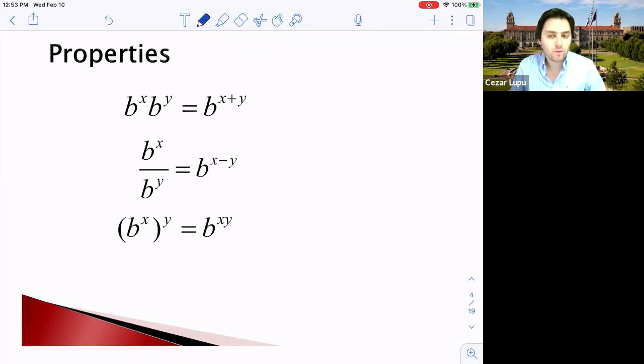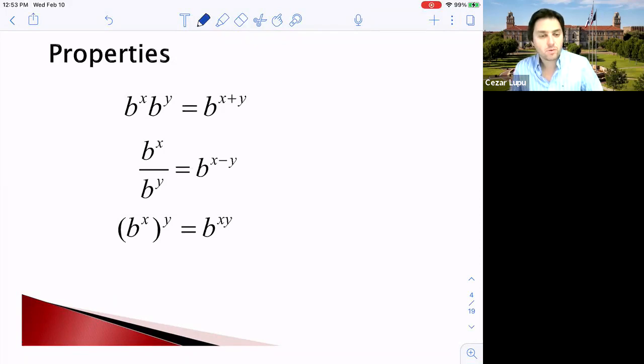In other words, when you multiply two exponentials with the same base, the base will stay the same and you add the exponents. So multiplication between two exponentials with the same base and different exponents will give you the exponential with the same base, but you add the exponents.